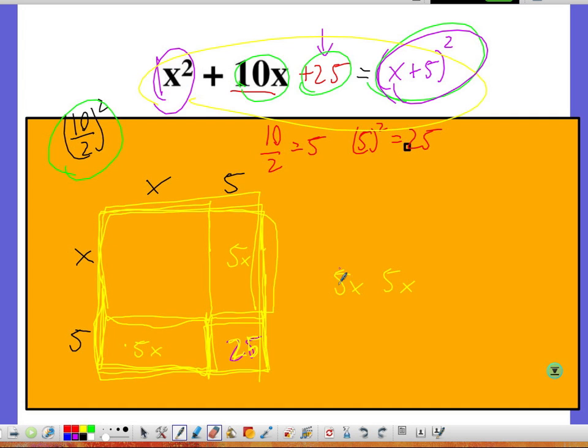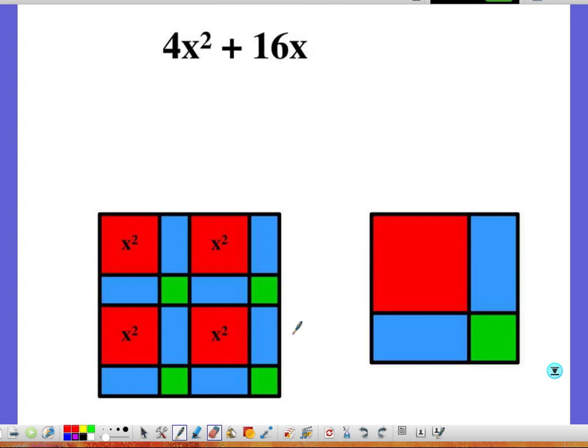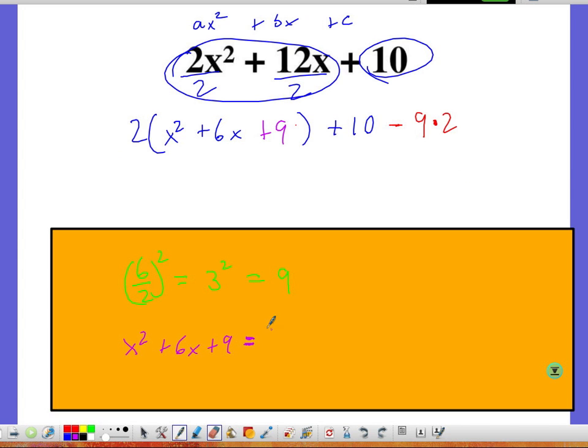And notice, we always have x, our dimension is always going to be x, close parentheses, and we're always going to square it. So how do I find the number that goes here? Well, that's going to be the result of the inside of this parentheses. What is 6 divided by 2? Well, that's positive 3, so plus 3.